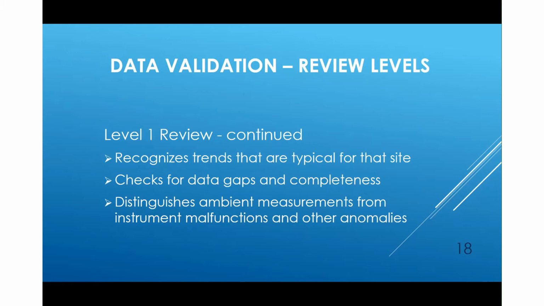So the level 1 review is the first real person review of data, and in that they are reviewing the data and distinguishing and coding the data for events that may not have been coded by the machine level.